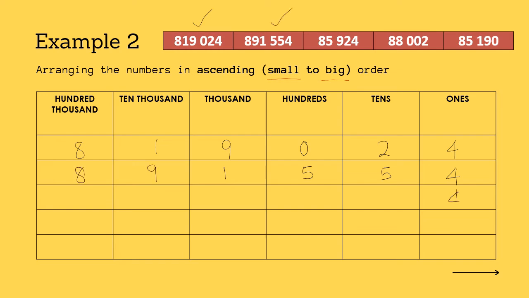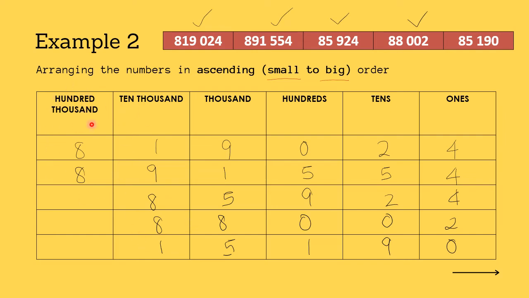Third number is 42958. Next number is 20088, and the last number is 09158.